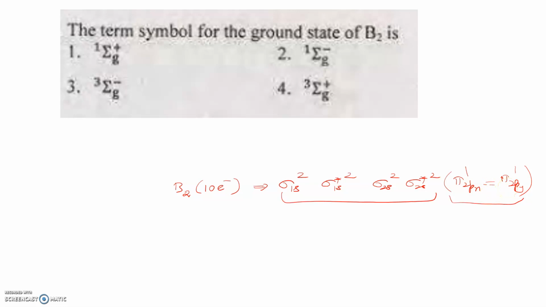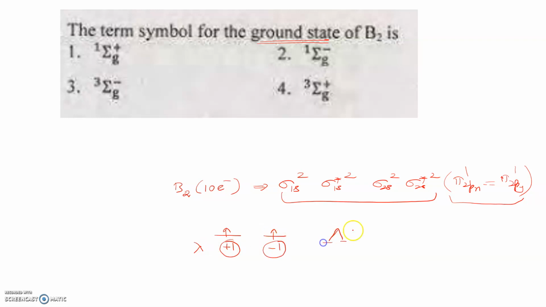We know very well since pi 2px and pi 2py are degenerate, the lambda value for one molecular orbital is +1 and the other is -1. So one electron is present here, the other electron is present here, because we are talking about the ground state, which should have the highest multiplicity. So this is the possible configuration for the ground state. For one electron lambda is +1, for the second electron lambda is -1.